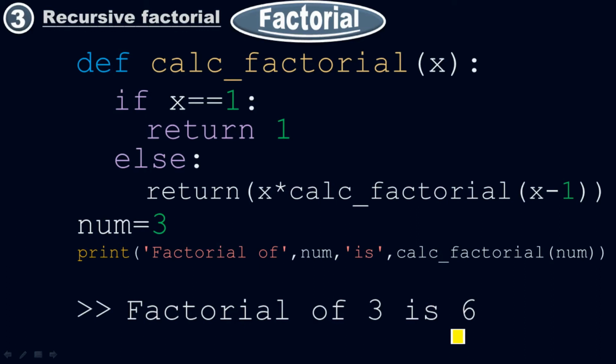So there is no difference in the output from what we saw in the previous examples. But during the recursive process, we just go in descending order. If you want to find the factorial of 5, you just put 5 times 4 times 3 times 2 times 1, because x decreases by 1.